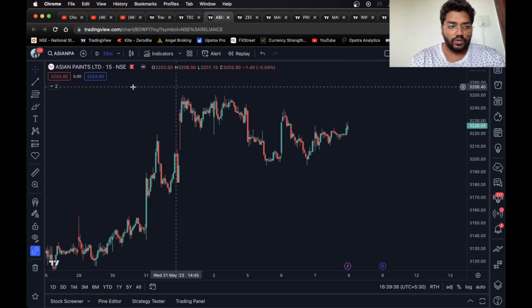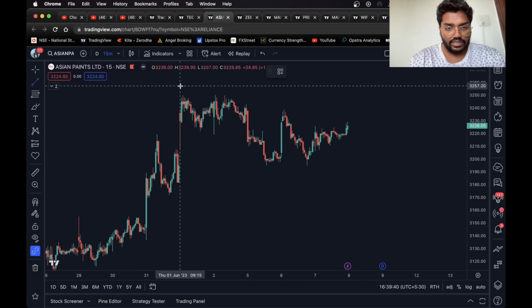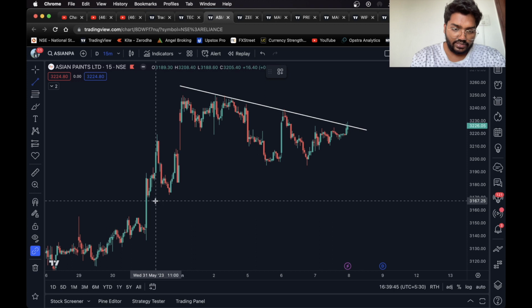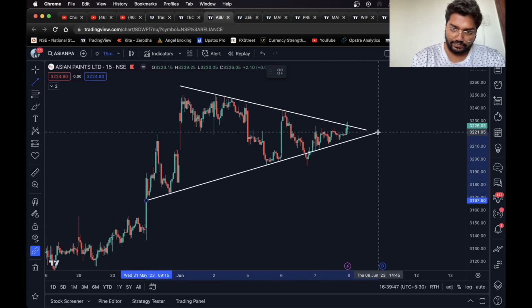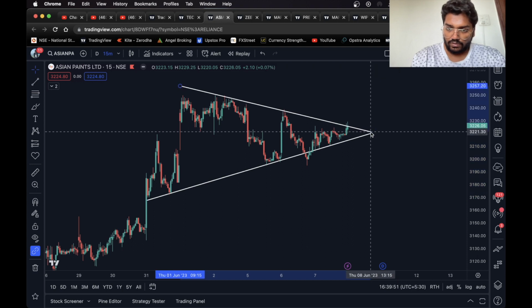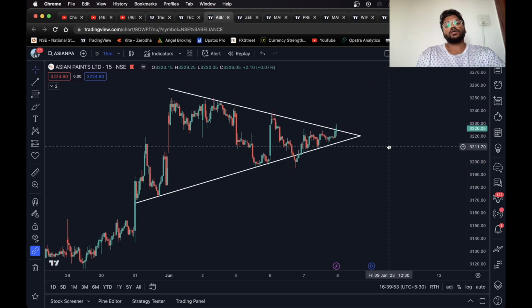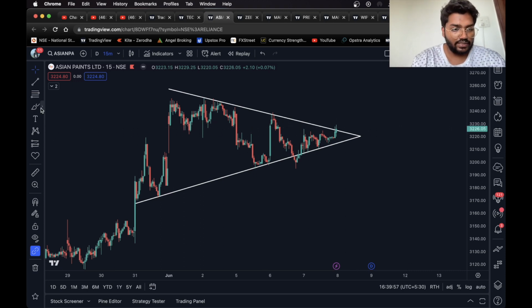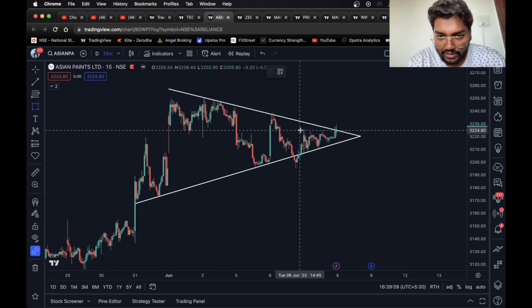Moving on to the next one, we have Asian Paints. As you can see, Asian Paints has formed a symmetrical triangle pattern, and it has also been consolidating a little bit here.